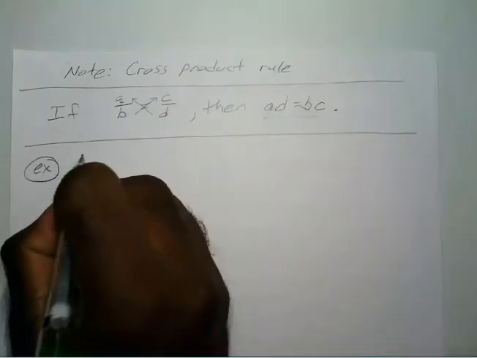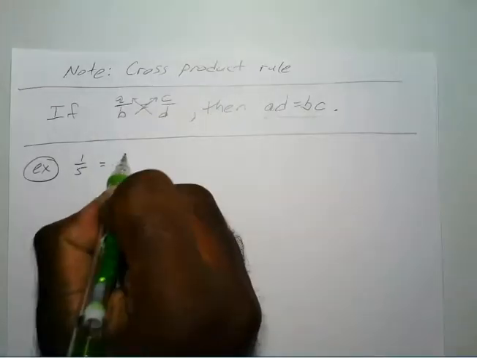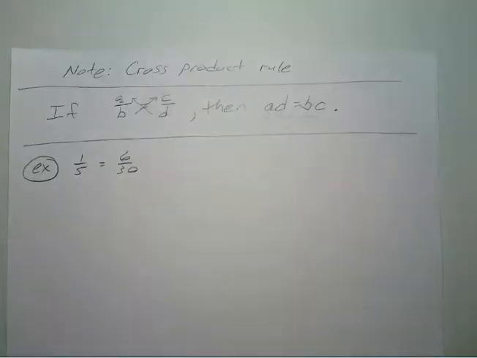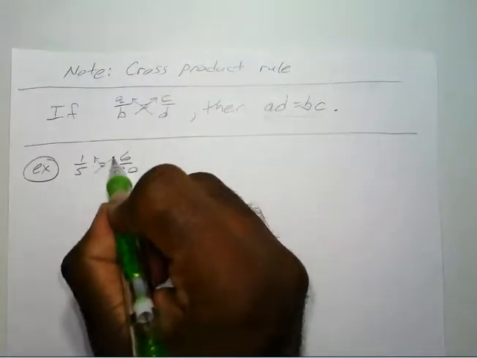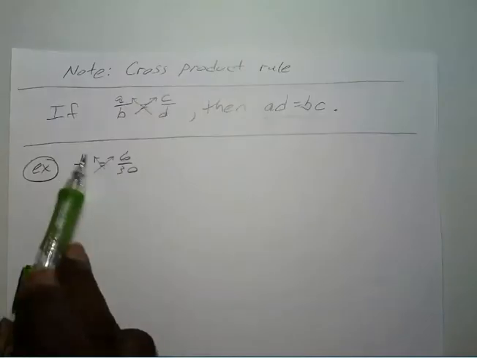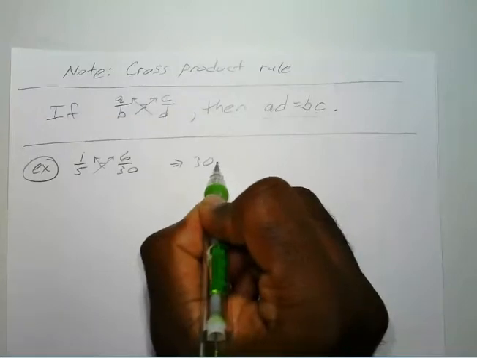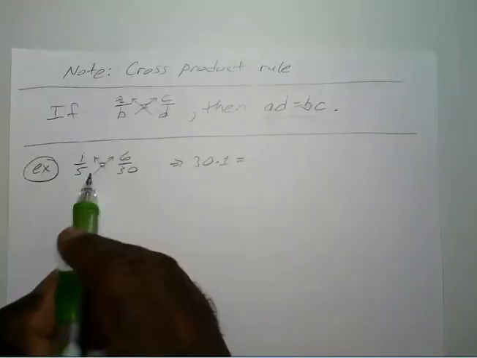what if we have the ratio of 1 to 5 as 6 is to 30? Okay, if we cross multiply, we see we have 30 times 1 is equal to 5 times 6.